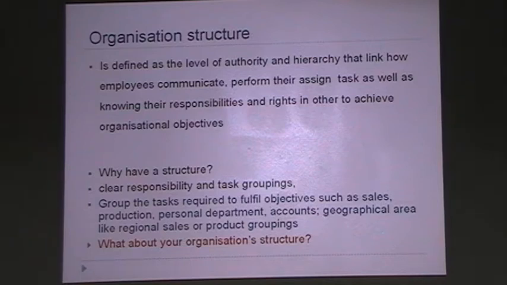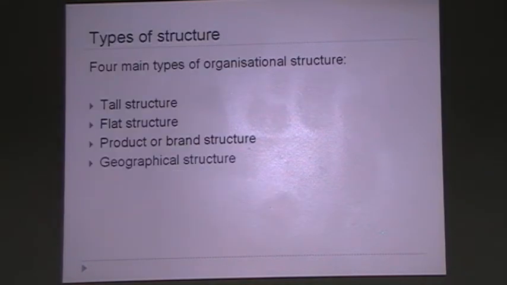What about your own organizational structure? As we are looking at this course, you should start thinking about the kind of structure that exists in your place of work. The next slide, we'll be looking at the types of structure available in an organization. For the purpose of Unit 3 in this program, we'll be looking at 4 main types of organizational structure.